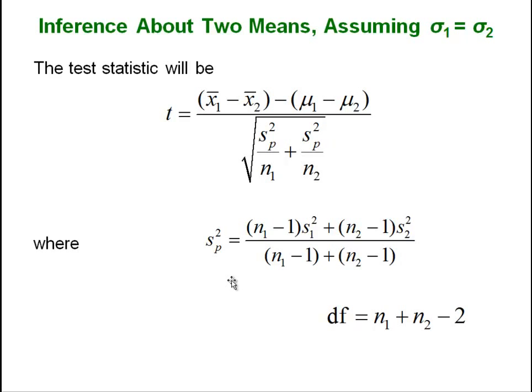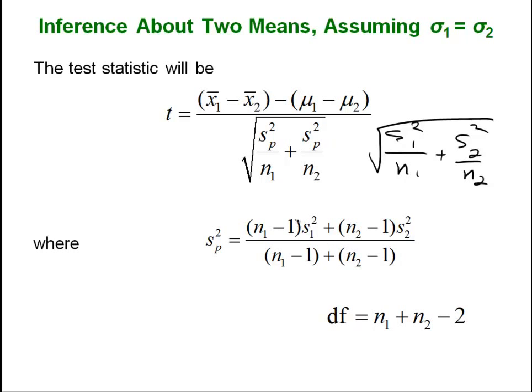We're back to using a t because we no longer know the population standard deviations, but instead of having s sub 1 squared over n sub 1 and s sub 2 squared over n sub 2 like we had in the other formula, we have this s sub p, this pooled standard deviation, or in this case pooled variance because it's being squared. And here's the formula for pooling it.